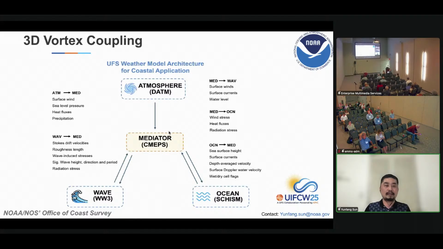Here we introduce the new 3D vortex coupling. In this case, the wave gives the Stokes drift stress to the ocean, and it has an impact in different layers of the ocean, and also makes the surface layer and the bottom boundary layers a real 3D two-way coupling.